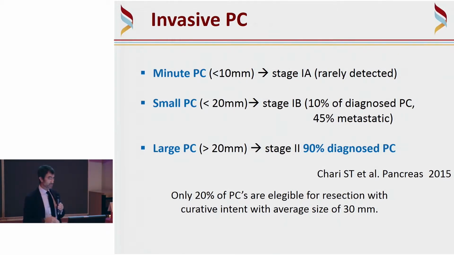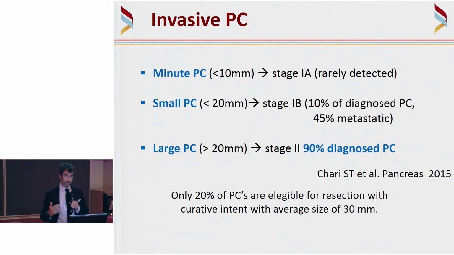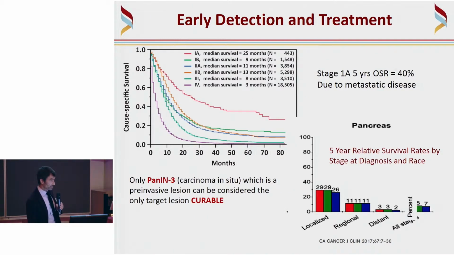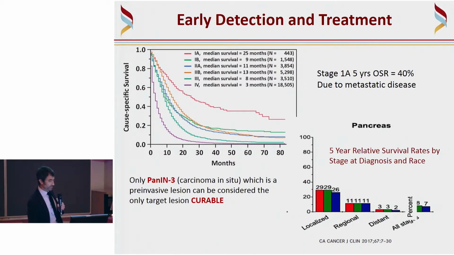So these patients have at least a 20 millimeter lesion, and most of them are not eligible for surgical treatment. And if we look at the best possible patient that we can diagnose with pancreatic cancer, a stage 1A patient, the 5-year survival rate is only 40% due to metastatic disease.